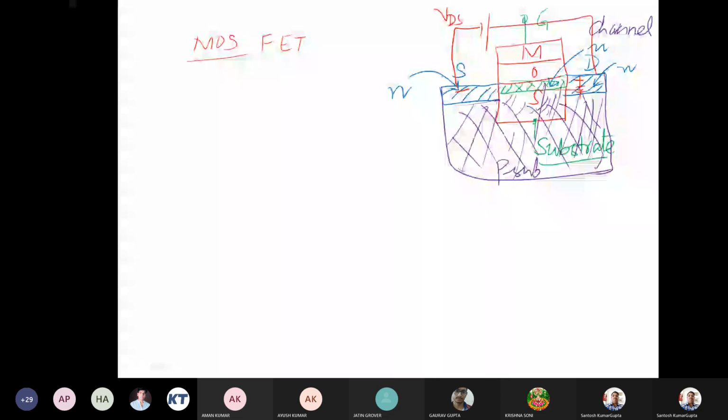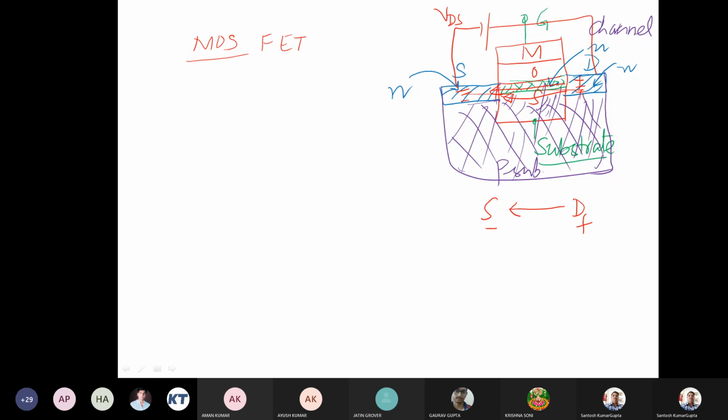So we see an electric field existing between drain and source in the shown direction, from the drain side to the source side, because the drain is at positive potential compared to the source.